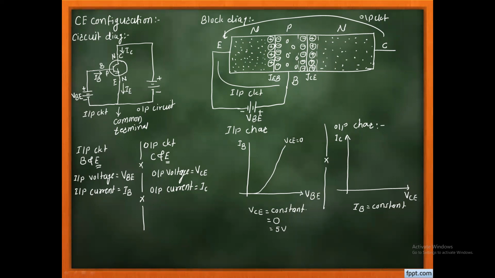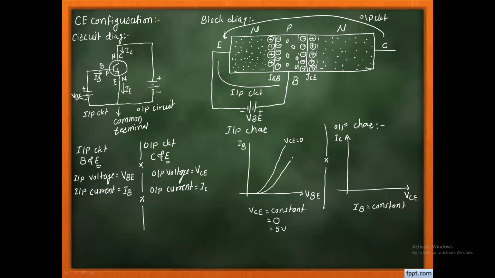And as the base region width decreases, definitely the base current will also decrease. As we increase the output circuit voltage, the base current decreases, so the graph will be tilted to the right.